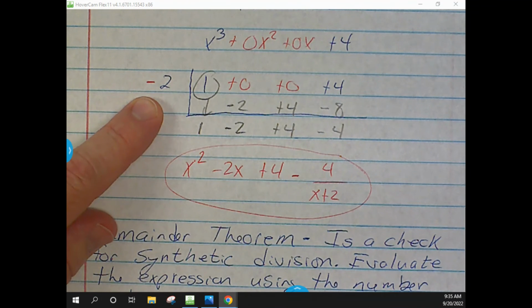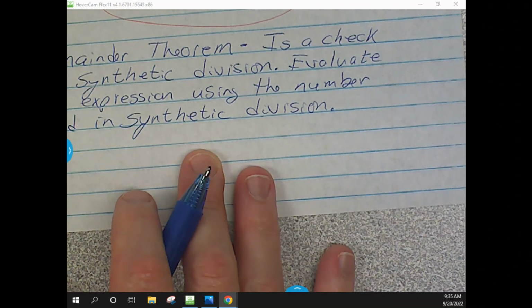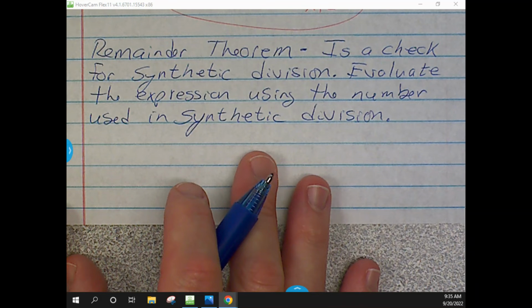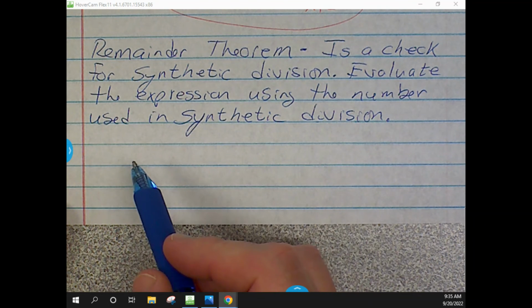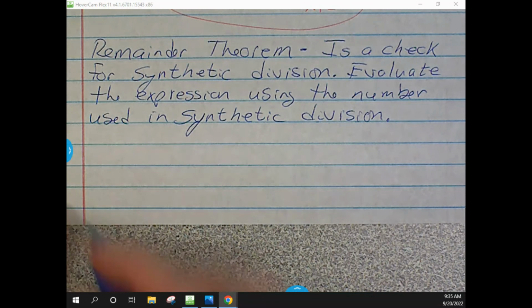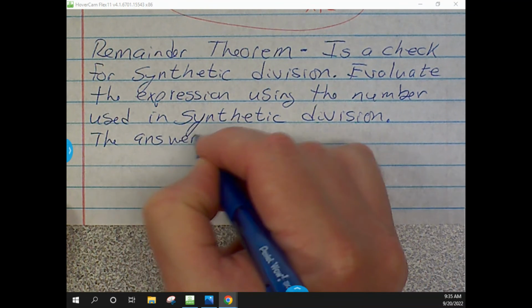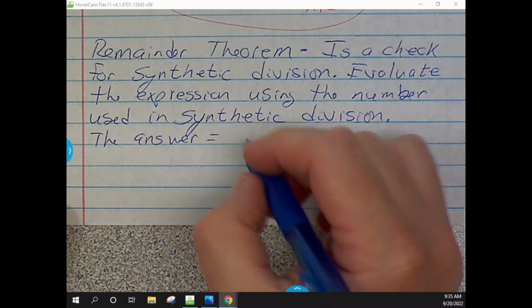So for this problem back up here, we were using -2 in our synthetic division. So if we were going to evaluate this thing, we would do the same evaluation, but we'd use -2 for the number. So again, it's just a check for synthetic division. You're going to evaluate the expression using the number that we're using in synthetic division. And the way that you check this thing is the answer you get when you evaluate it has to equal the remainder from synthetic division.